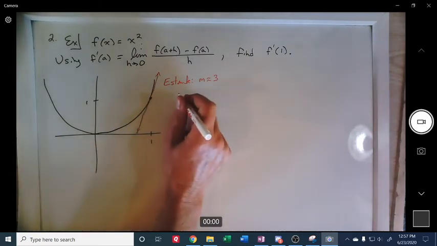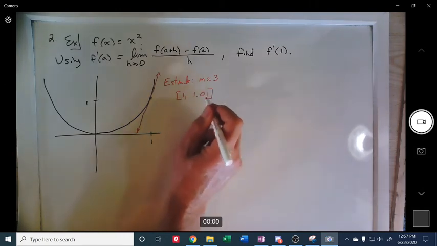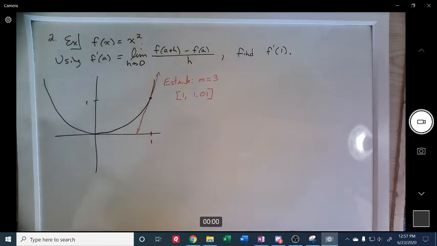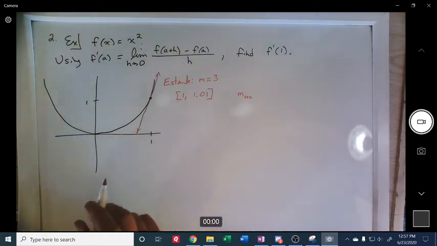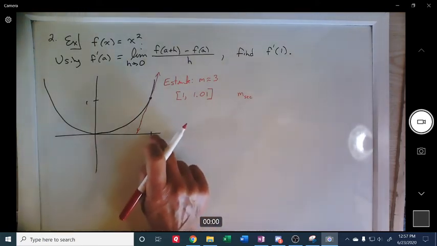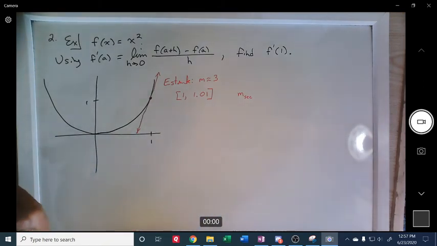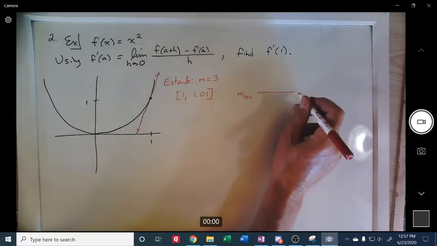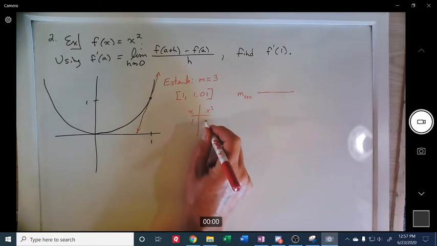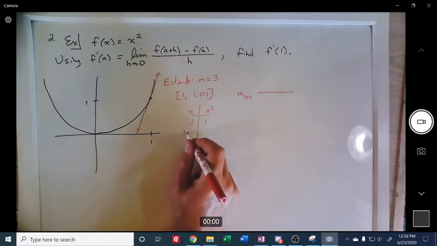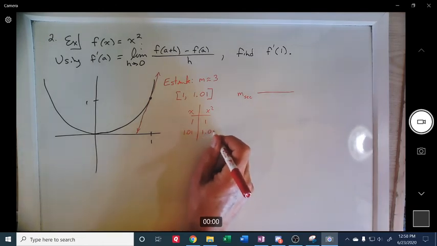All right. Let's also approximate it in one other way. Let's take the interval 1 to 1.01. The slope of the secant line between 1 and now 1.01 is so close to that I don't want to put it on my graph. But if I do that, now if I made a little table, 1, 1 when you square it, 1.01, when I square that turns out to be 1.0201.